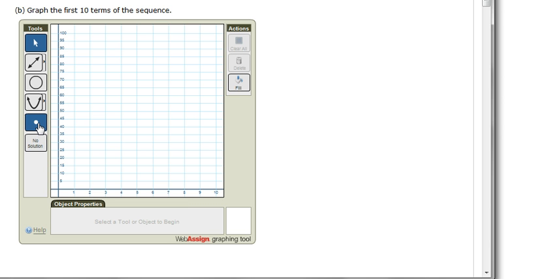And so let's look at the point tool in WebAssign, and we can type in the points. So 1, 15, enter. And then I'll hit the point tool again. 2, 24, whoops, now we've got to be careful. 2, and then go over to the second coordinate for the 24, enter.